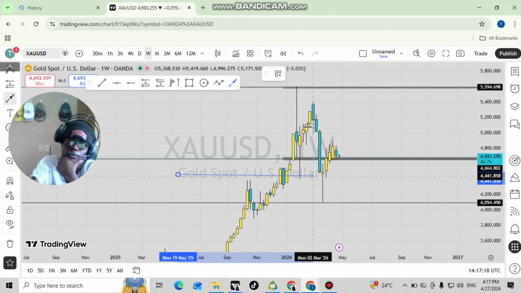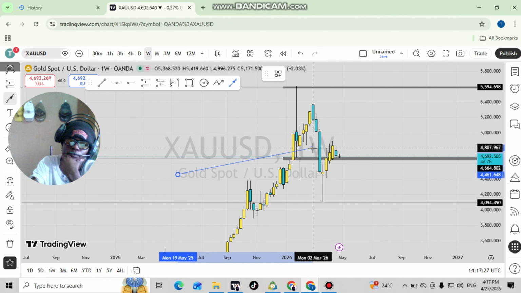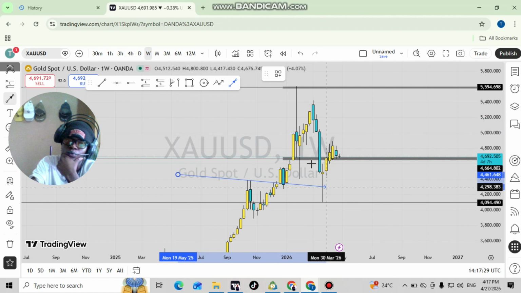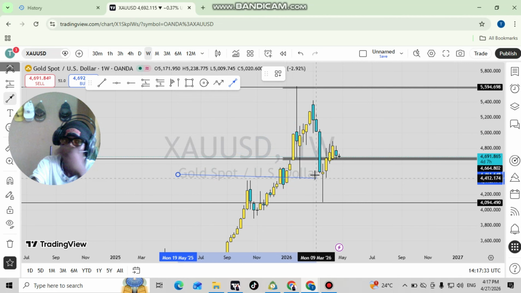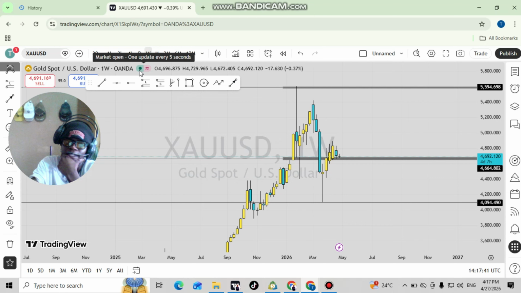The bears have been dominating here, because if you look, this is a lot of weeks compared to just 3 weeks of price action. You can just imagine that the sellers are coming with a lot of pressure. So yeah, it's a tough one, guys. I don't want to lie to you, it's a tough one.